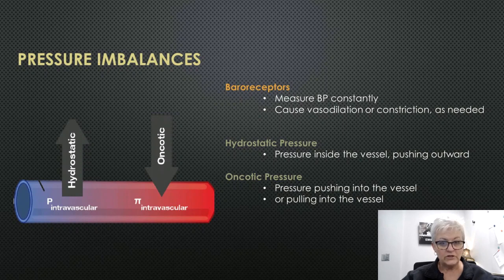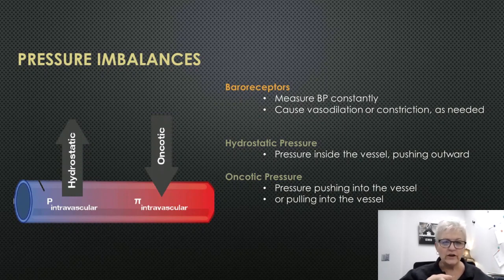So what that vessel's going to do is it's going to start employing the oncotic pressure, and it's going to pull some fluid from the tissue outside the vessel and pull the water into the vessel to maintain the blood pressure.